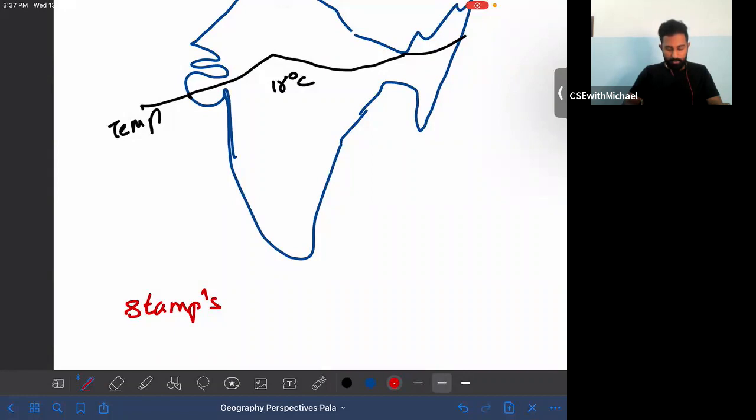That is A, a temperate or continental India in the north, and B, tropical India in the south.